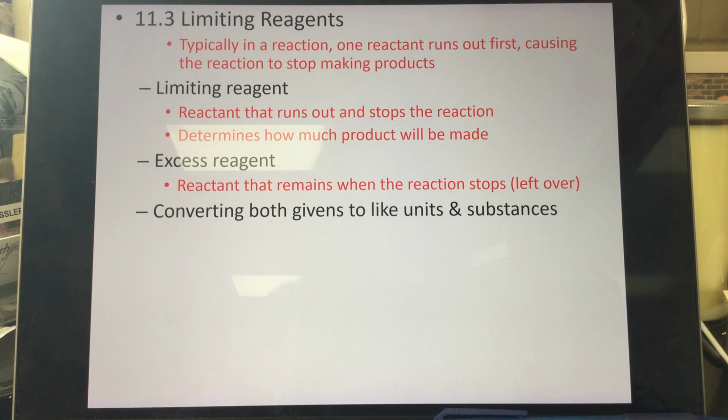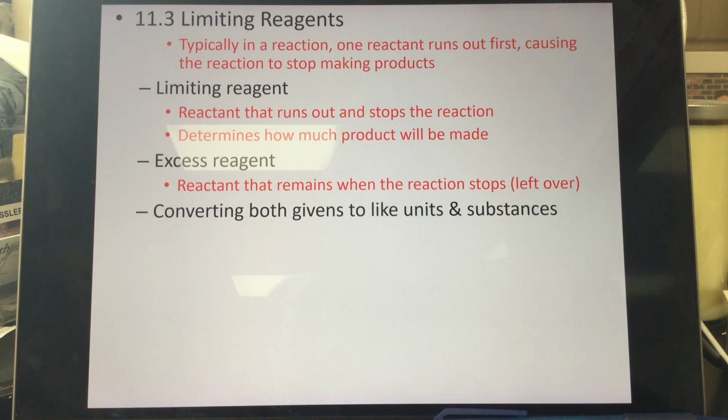But now in limiting reagent problems, you are going to have amounts, could be grams, liters, particles, but both reactants will have an amount. And you're going to have to determine which one is the limiting reagent, because that's the one that will make the correct amount of product. If you use the other one, the one that's the excess reagent, your answer for the amount of product made will be too large and therefore incorrect, because it can't happen because the other reactant would have run out.